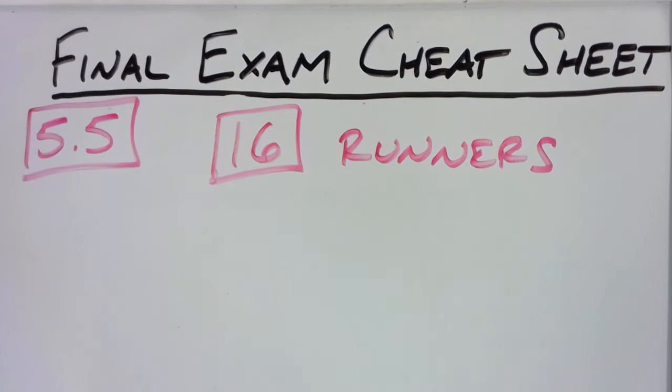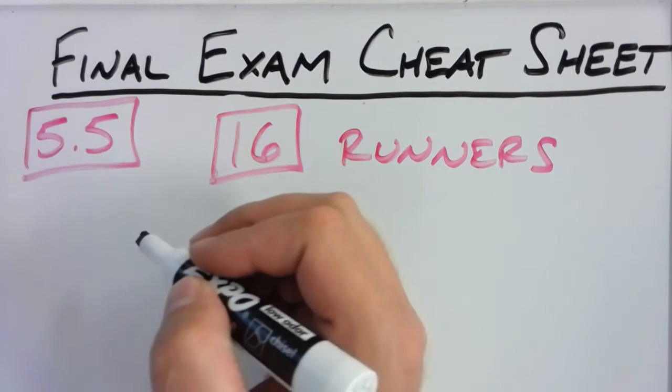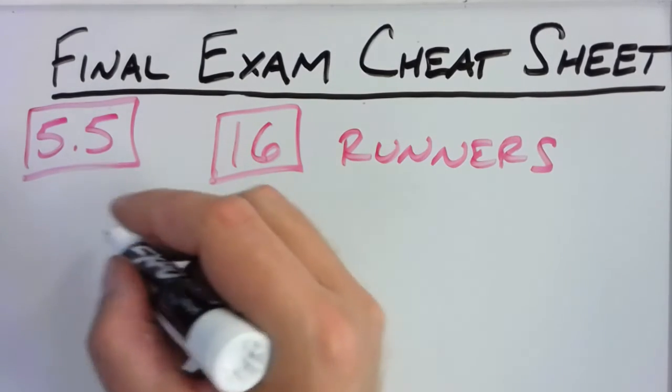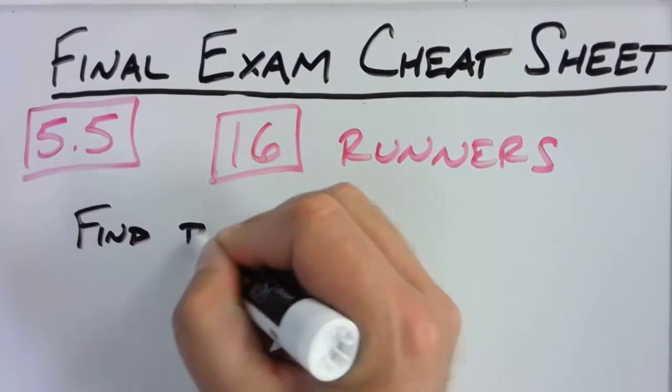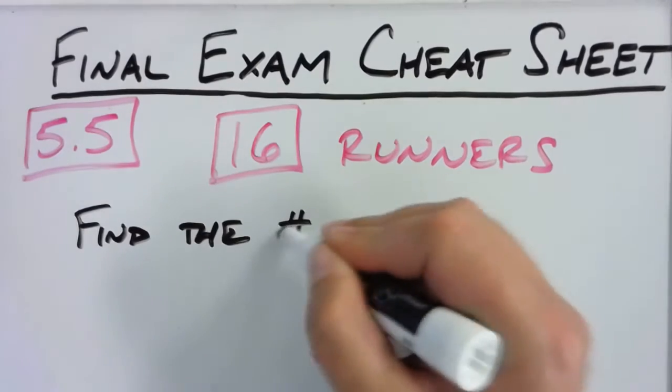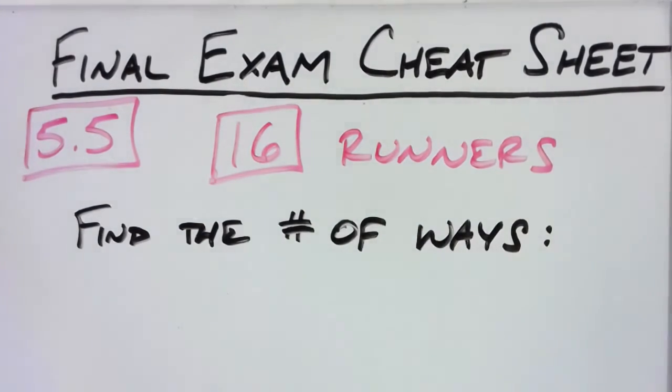And then you're going to get one of the two scenarios that you're going to be asked to count the number of situations that can shake out. Situation number 1. Okay, so this is what some of you will receive on your final exam. You're going to say, find the number of ways... All of your questions will start with that.